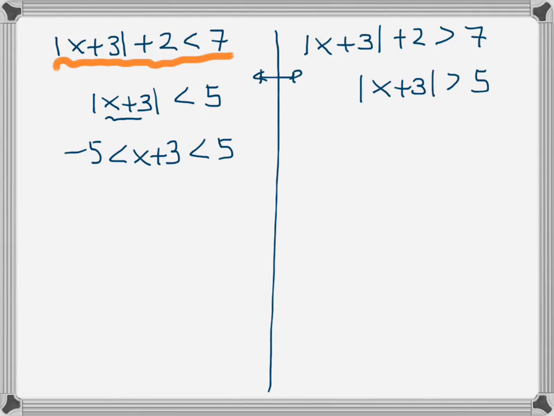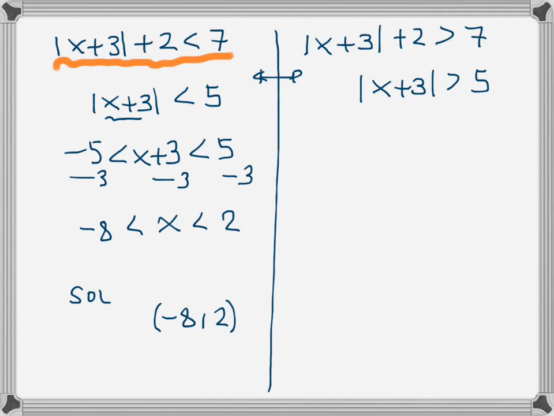So x plus 3 should be between negative 5 and 5, and I can subtract a 3 from every part of these. Take away 3. And it does work. You have negative 8 less than x less than 2. So at the end, your solution is the interval negative 8 to 2.